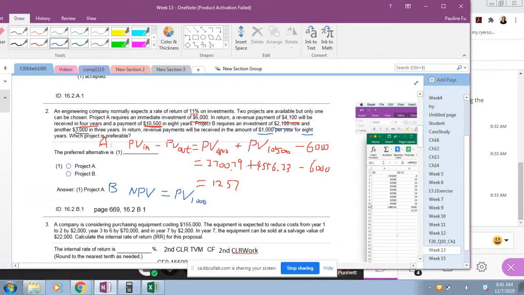The present value of the annuity minus the immediate outlay of 21,000, and then you invest 3,000 in 3 years. So the present value of 3,000 in 3 years.